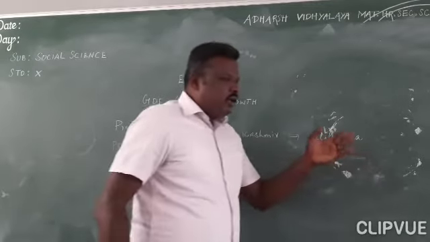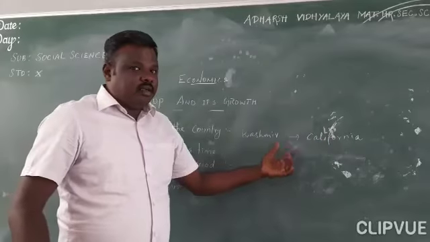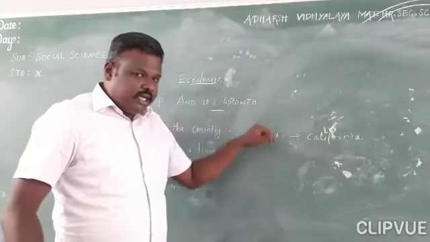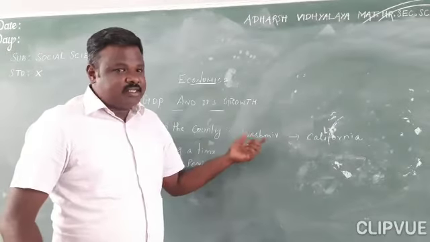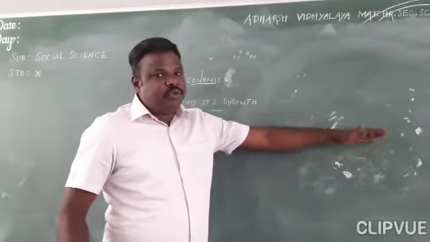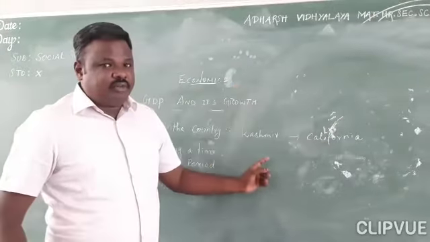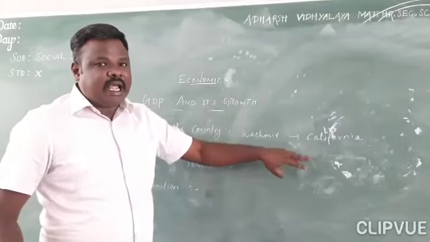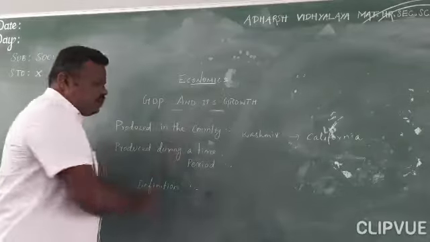So a Californian apple will come to the Indian market. Listen, that will not be added in the GDP because California is not in India. Okay, that is in the USA. So only inside the boundary of our country, what we produced, that final value is added in the GDP. Okay, so that's the first point.